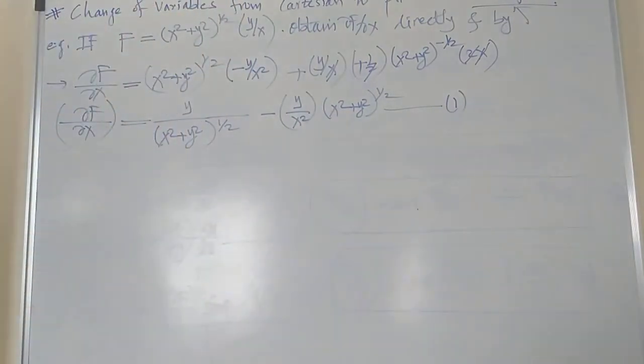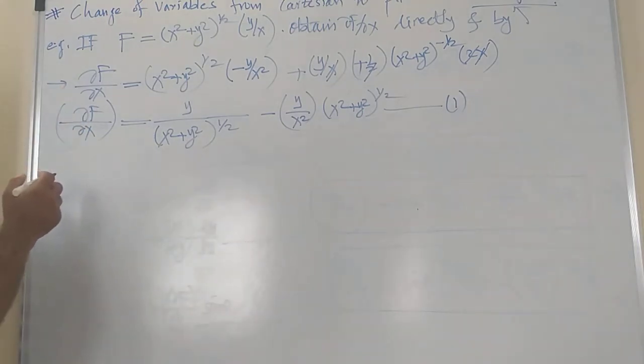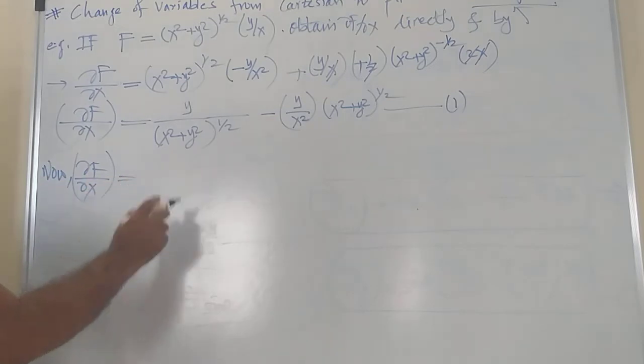And now calculate the value of dou f by dou x using the change of variable formula, and see whether that solution is exactly equal to this solution or not. Now let us do that. What's the formula for dou f by dou x?